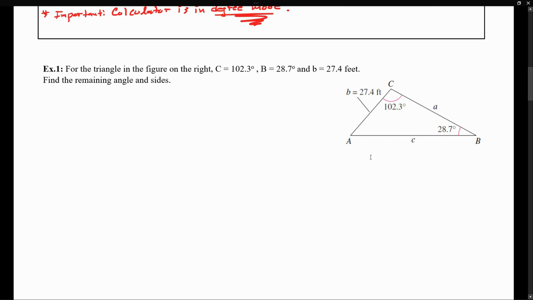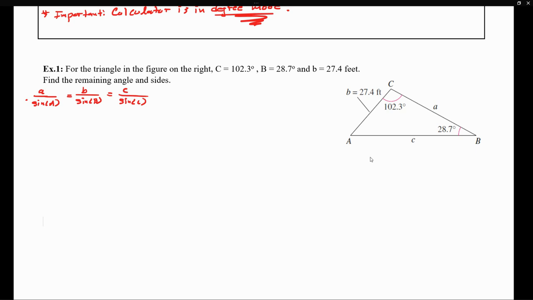So let's start by stating what the law of sine says. If I take a look at side A and divide it by the sine of A, that's going to be equivalent to B over sine of B, which is equivalent to C over sine of C. And again, what we want to do here is find the remaining angles and the remaining sides.